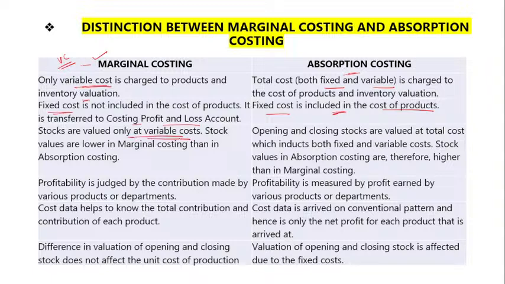Marginal costing gives only importance to the variable cost. If there is any fixed cost, they do not include it in the cost of product; it is transferred to the profit and loss account.